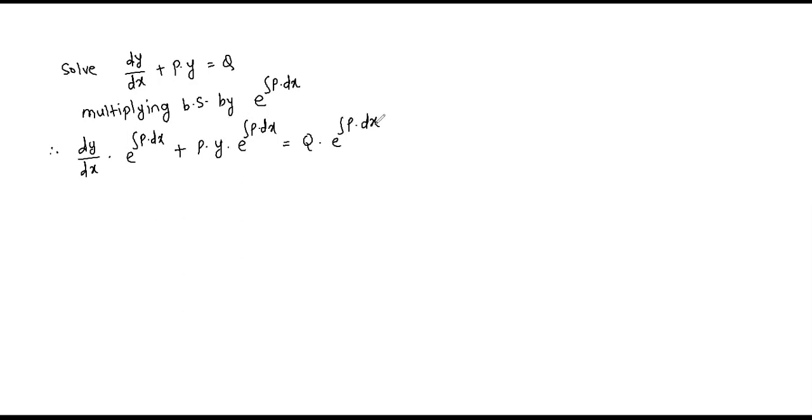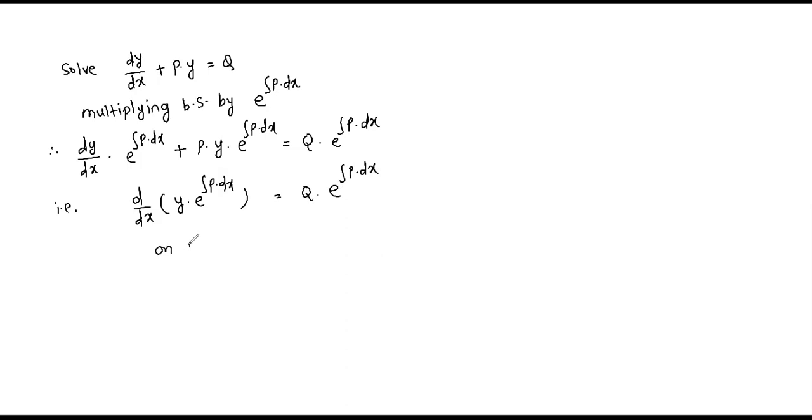Now, if you observe the LHS, it is nothing but d by dx of y into e to the power integration of p dx. So y into the derivative of this plus this term, that is the second term, into the derivative of the first. You can check it out, which is equal to q into e to the power integration of p dx.